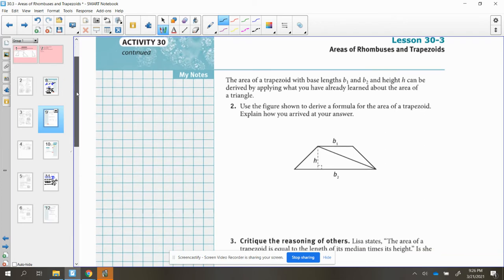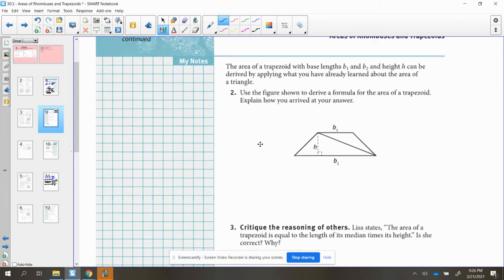Now on the next page, we have a trapezoid. Okay, and notice the trapezoid has the height, which is again perpendicular to the base, and we have 2 different bases here, base 1 and base 2. And notice there's 2 different triangles here. This triangle's area would be found by taking 1/2 base 1 times the height, right?